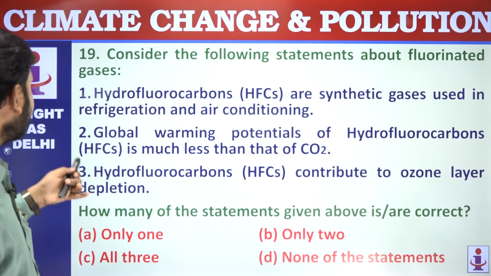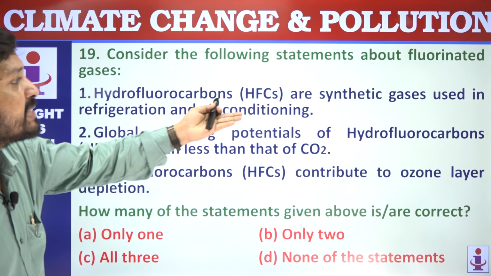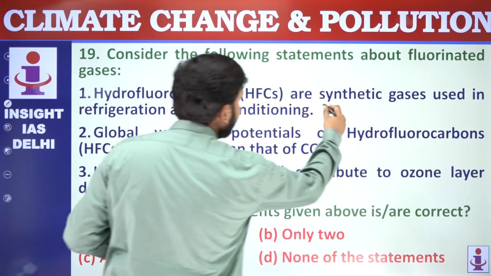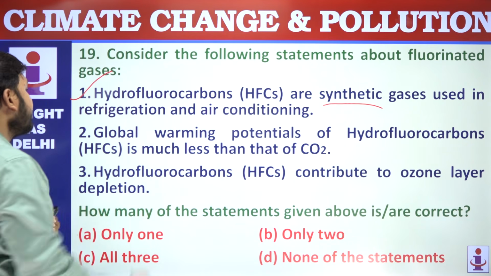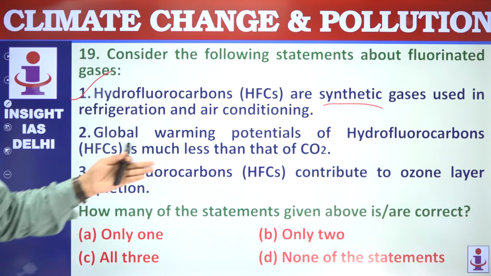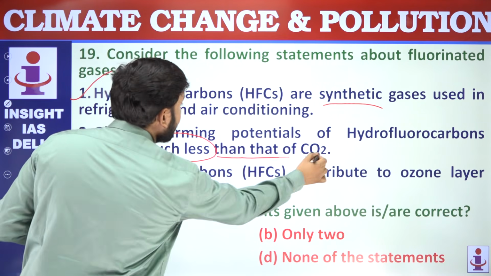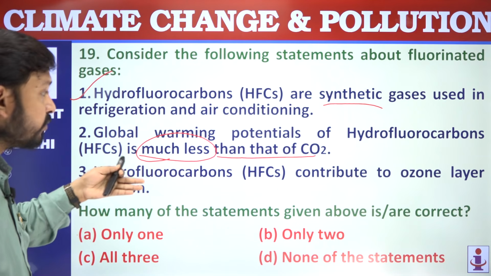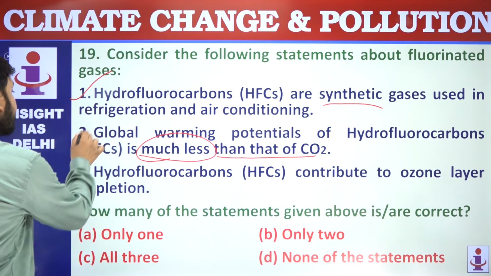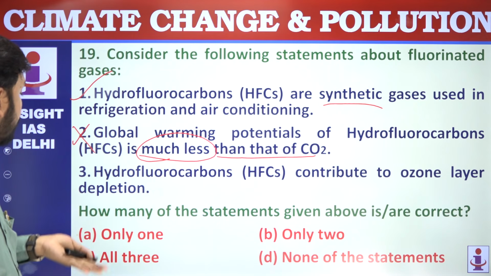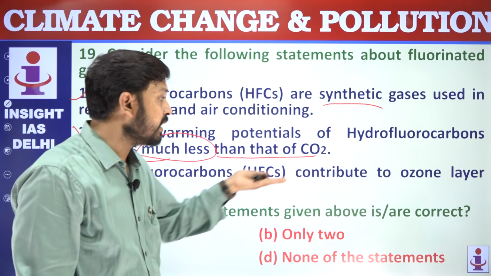So let's read the statements. Hydrofluorocarbons are synthetic gases used in refrigeration and air conditioning. Okay, synthetic, man-made. So this is the right statement. Next one, global warming potential of hydrofluorocarbons is much less than CO2. No, they are much higher, tens of thousands it will be. So this is the wrong statement. And hydrofluorocarbons contribute to ozone layer depletion. No, this is also a wrong statement. Just now we have seen, right?